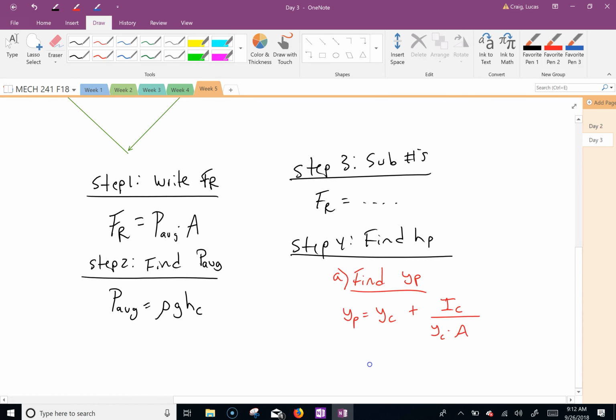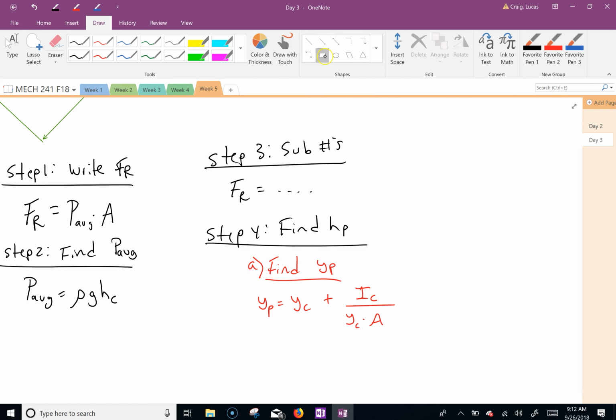Okay, so I scroll over here. I have a rectangle. And we have these 2 dimensions.